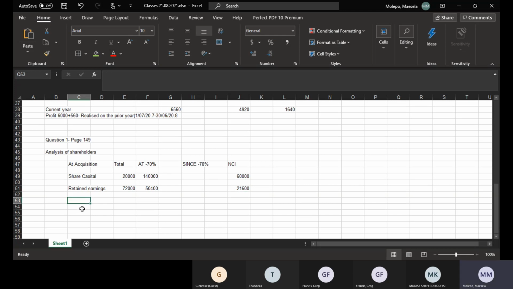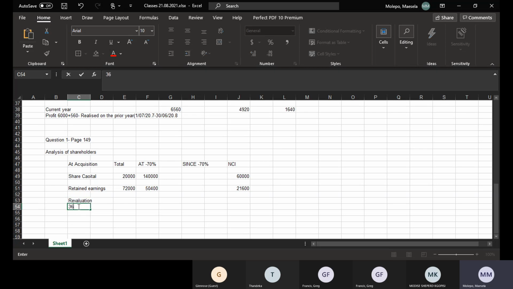Then we have a revaluation on the date of acquisition, because they told us as adjustment number 2. The revaluation, it was initially sitting at 308 carrying amount, and then it was now revalued at 368,200.